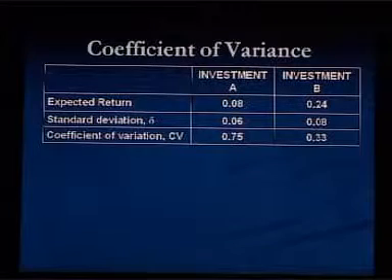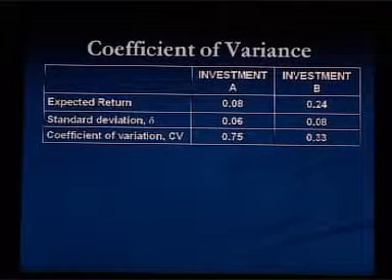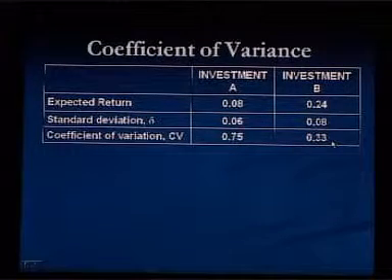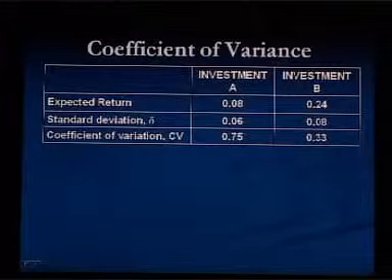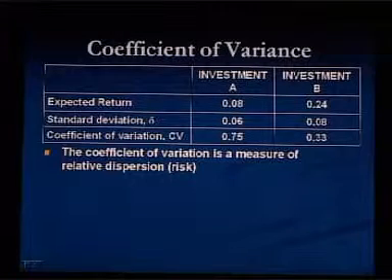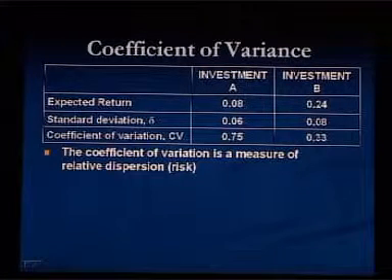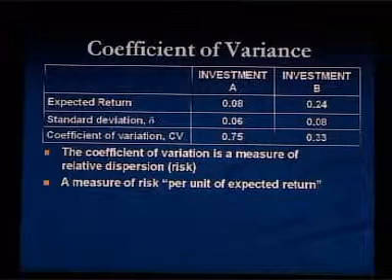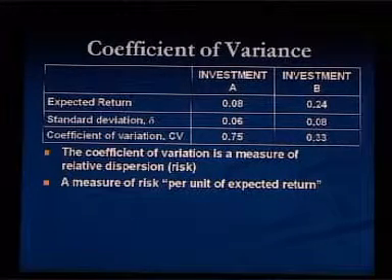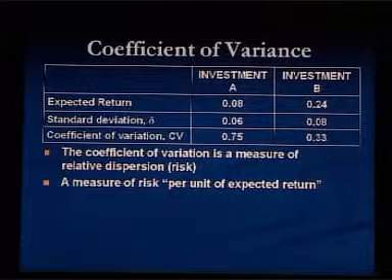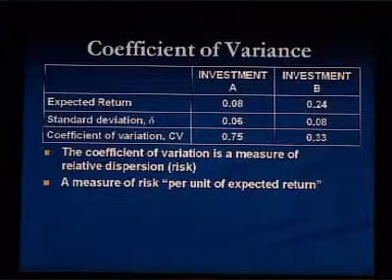Now, we can review the last example here, where the coefficient of variation for investment A is 0.75 and for investment B is 0.33. So, we can say that the coefficient of variation is a measure of relative dispersion or risk, and the CV is a measure of risk per unit of expected return, because we are comparing the standard deviation against expected return.